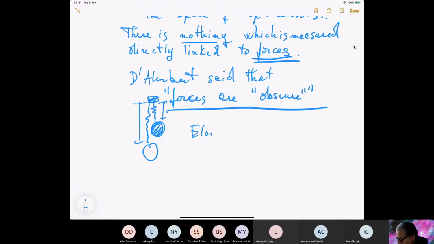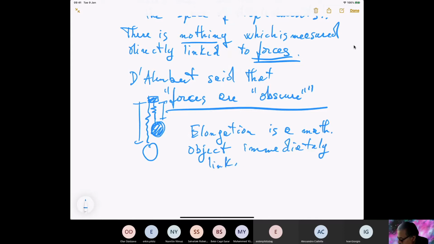Elongation is a mathematical object immediately linked to a physical quantity. Then you need a theory.